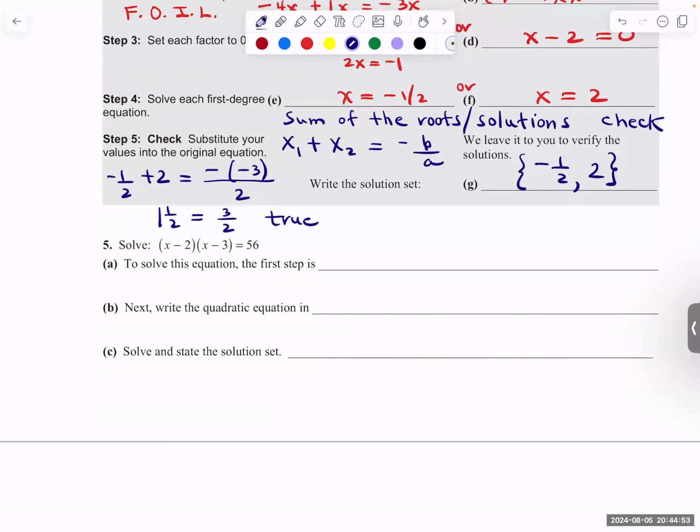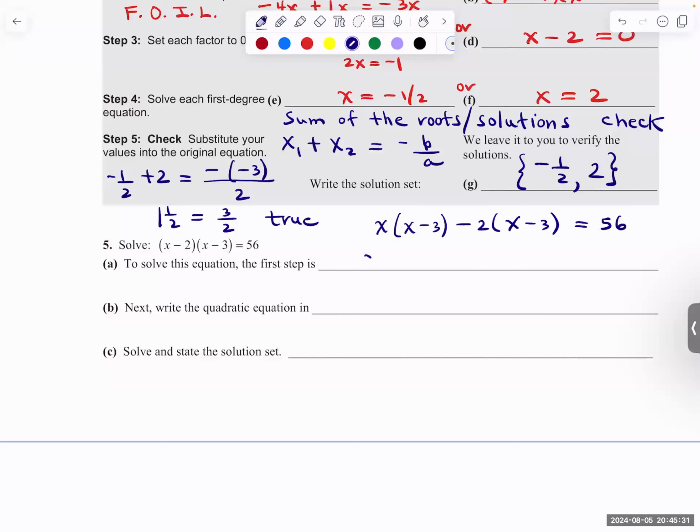Number 5. To solve this equation, the left side is already in factored form and it's set equal to 56. We're going to multiply the left-hand side. You might multiply with FOIL since these are two binomials, or you can multiply with any method that you know. Let's go with distributing x times the binomial on the right, and then minus 2 times the binomial on the right equals 56.